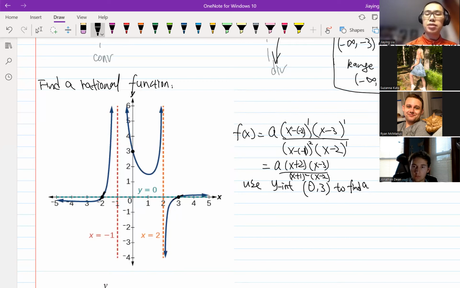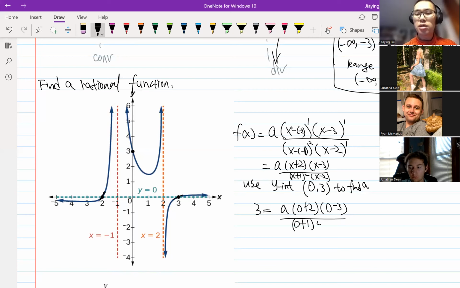So now I'm going to plug in the y-intercept. I get 3 equals a times (0 plus 2)(0 minus 3), over (0 plus 1) squared times (0 minus 2). And if we're careful, we get 3 equals a times 2 times -3, that's a -6 in the numerator. 1 squared is 1, times -2 in the denominator.